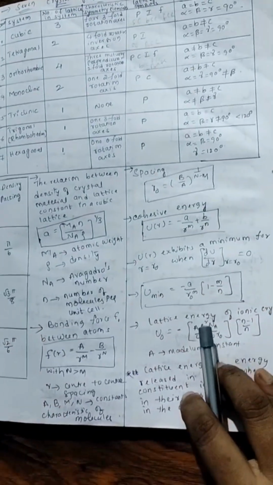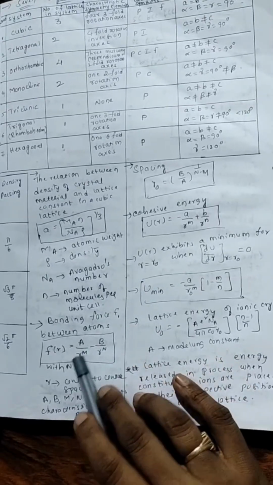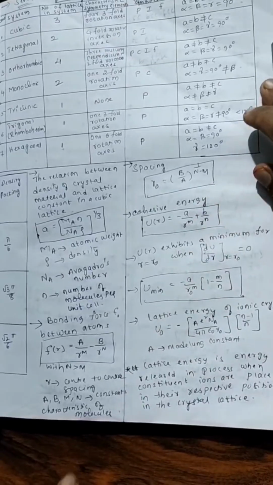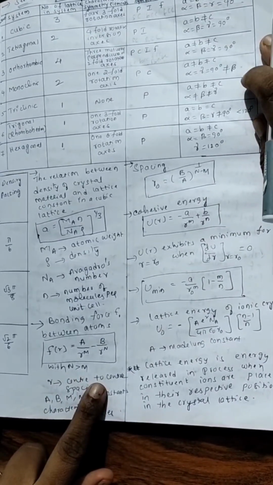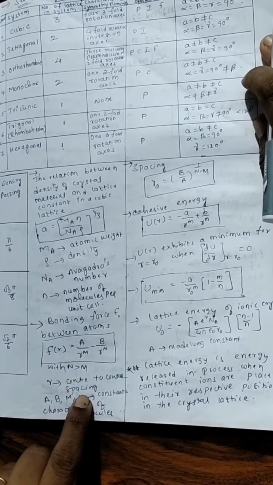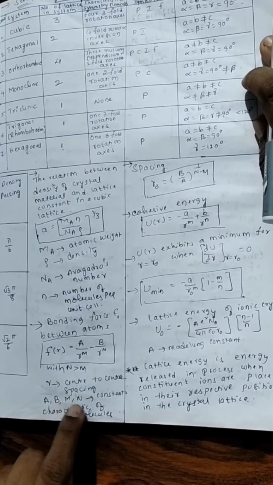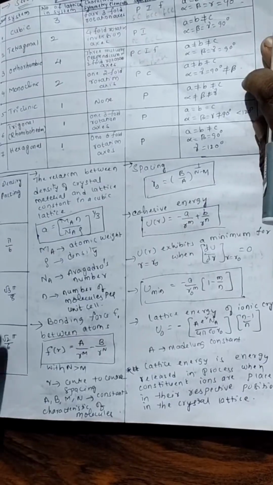Now the next formula, bonding force F between the atoms. F of r equal to A by r to the power of m minus B by r to the power of n, where n is greater than m. r is the center to center spacing. A, B, m, n are constants, characteristics of molecules.